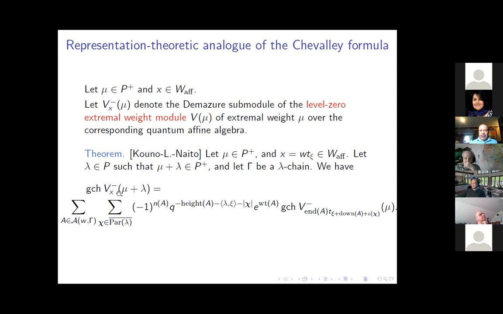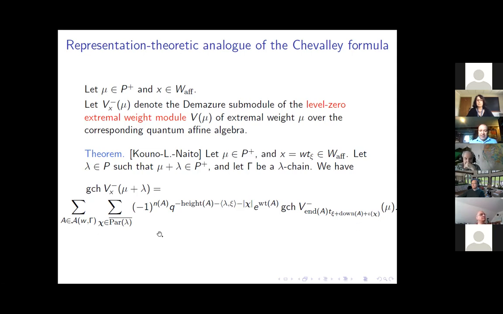And this graded character can be expressed in terms of the graded characters of various Demazure submodules, but corresponding to the weight mu. So this basically is telling you how the graded character upon this translation by lambda can be related to the graded character of the level 0 module corresponding to mu.